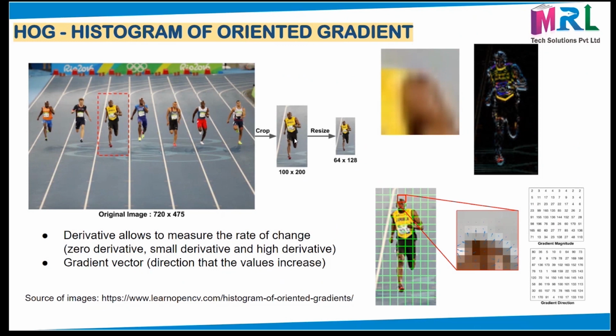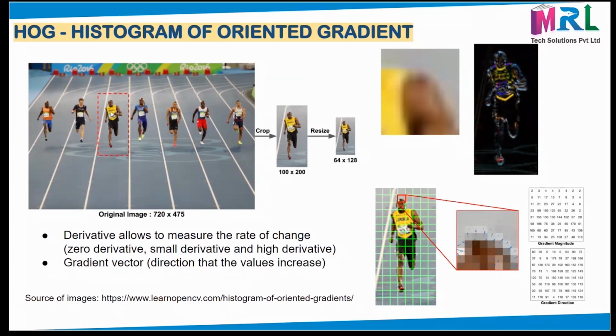After that, we are going to apply the derivative. So what does this derivative do? It measures the rate of change. There are three cases: zero derivative, small derivative, and high derivative. When the derivative output is zero, it means there is no variation in the color.